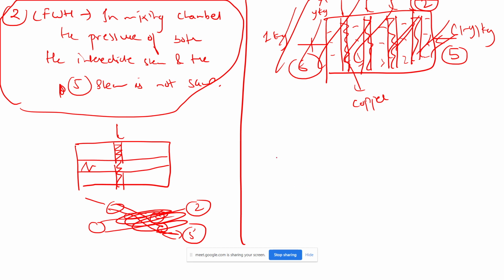So first we'll write what it is. What happens in the closed feed water heater?